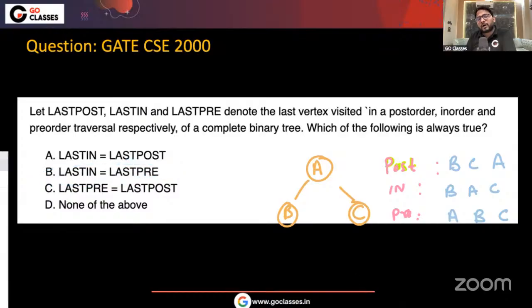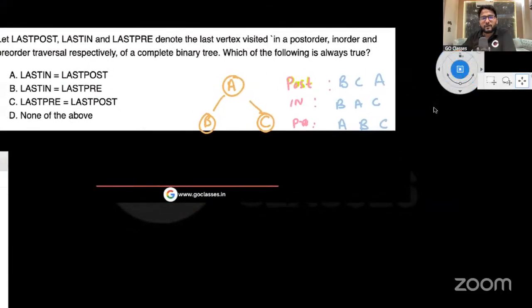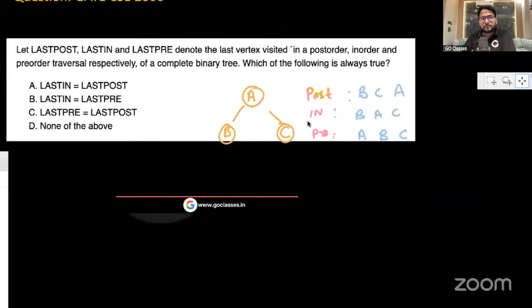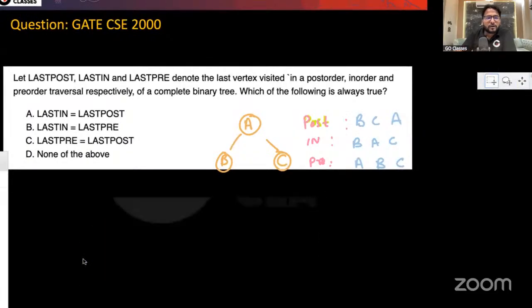But can we produce a counter example here? See, B is saying last in and last pre are the same. I hope you are getting my point here. We have already disqualified two options, A is not correct, because post is basically not equal to anything.